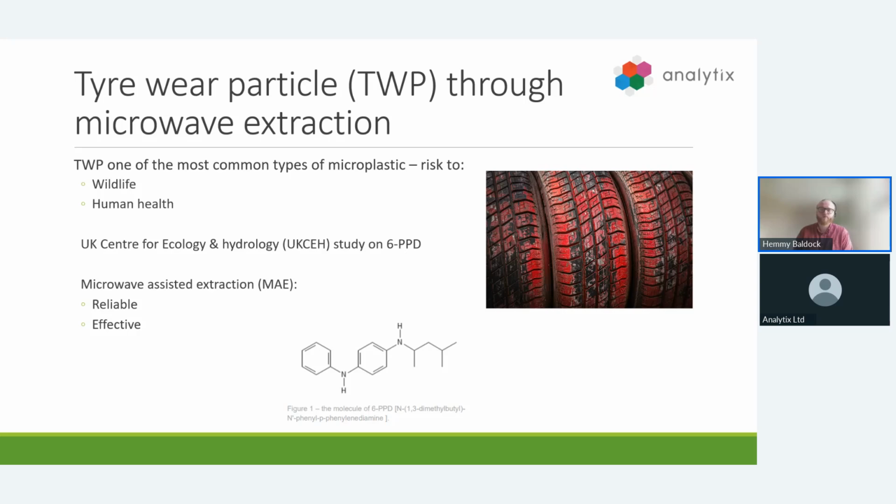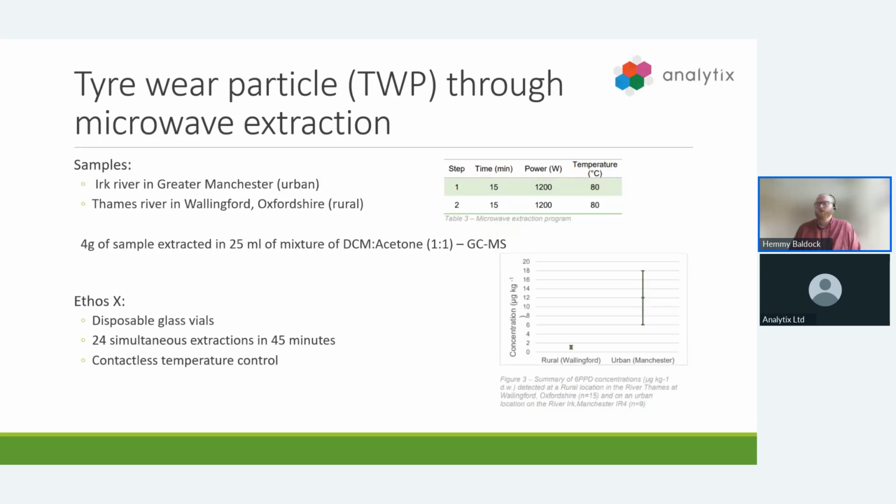Microwave-assisted extraction proved to be a reliable and effective technique to obtain extractions of these types of additives from the treated sediments and soils. To perform this microwave-assisted extraction, the group used the Ethos X system with the FastX24 rotor.